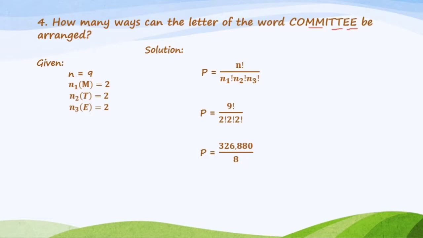And 2 factorial times 2 factorial times 2 factorial is equal to 8. Then divide 362,880 divided by 8. And the answer is 45,360. Thus, there are 45,360 ways that the word COMMITTEE can be arranged.